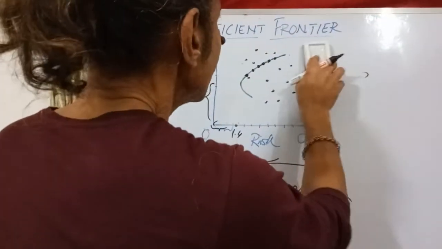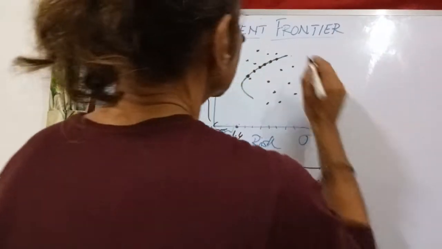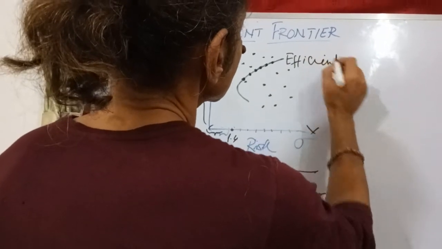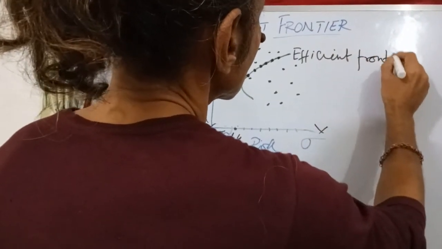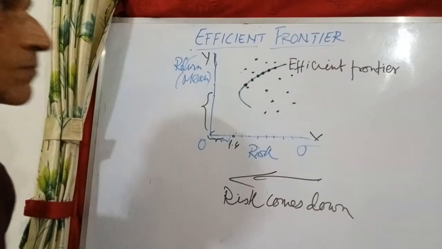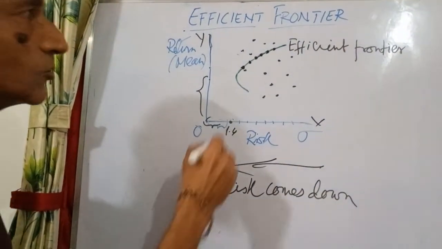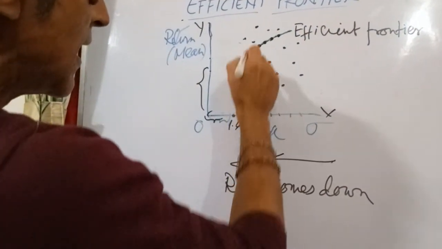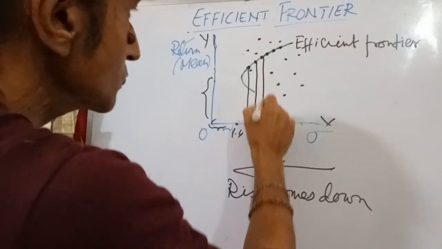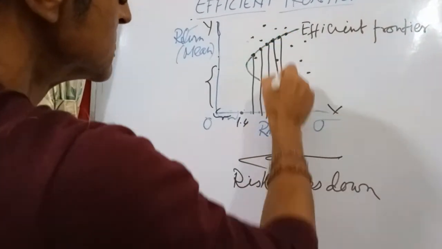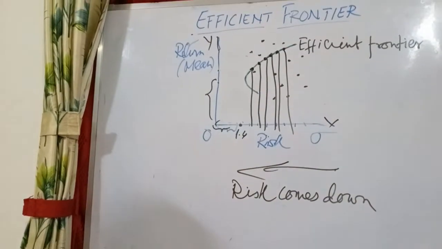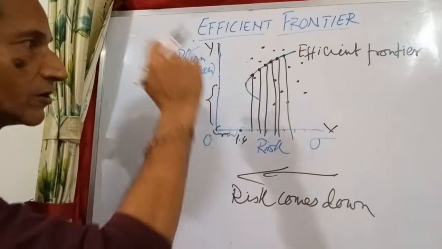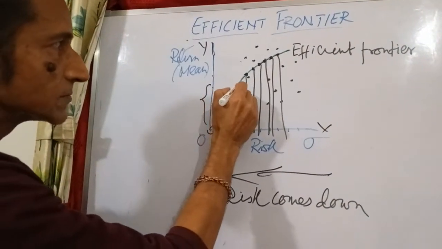This curve is the efficient frontier. All the portfolios lying on the efficient frontier are optimal portfolios.